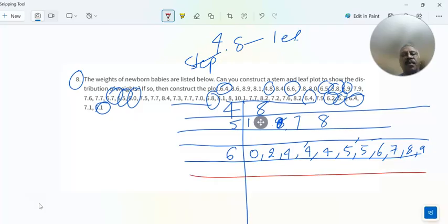And you will see for 7 also you can find 7.0. Let's see where is 7. This 7.0, the 0 here. Then there is 7.1. So put a 1.